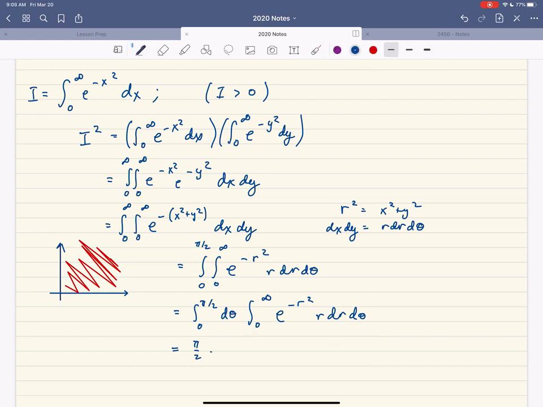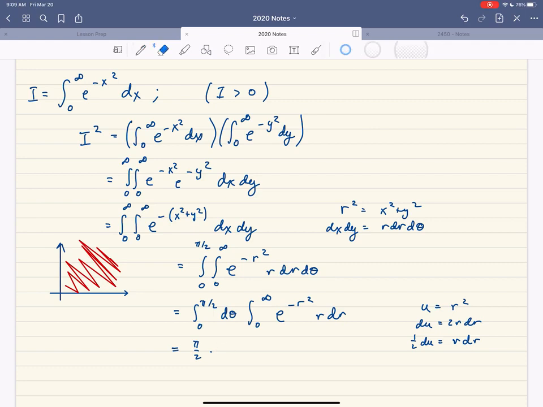To do that second integral, we're going to substitute u as r squared. Du is going to be 2r dr. That means 1/2 du is r dr. And if r goes from 0 to infinity, then u also goes from 0 to infinity.